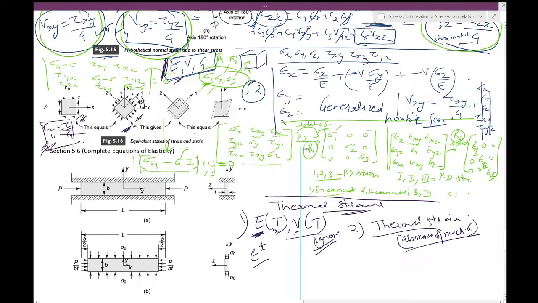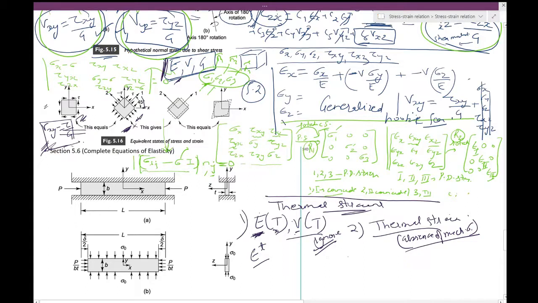Okay, so for an isotropic material, the symmetry arguments show that the thermal strain must be a pure extension or contraction with no shear strain components referred to any set of axes.